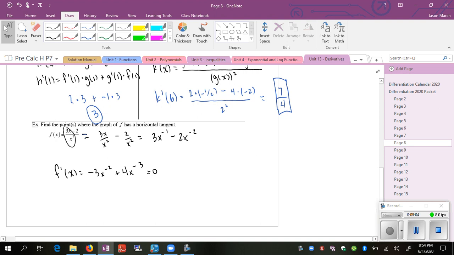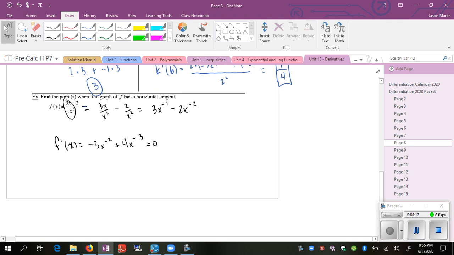But if I pull out the smallest exponent, in this case the one that's the most negative, which is negative 3, I could factor out an x to the negative 3 here. So kind of undoing the distributive property. So that would mean this is actually x to the negative 3 times negative 3x plus 4, right? And if you want to double check, if I distribute into the parentheses, I would land back where I started.